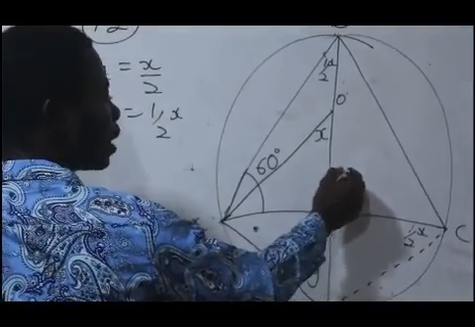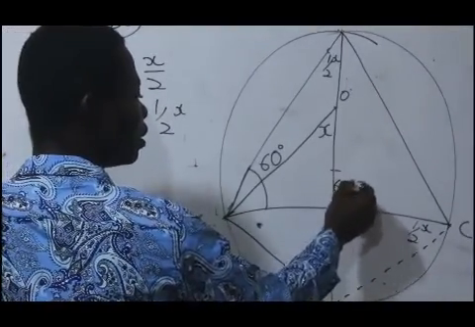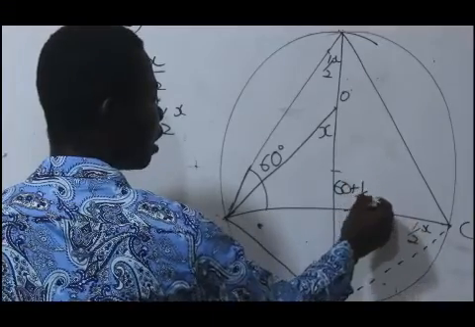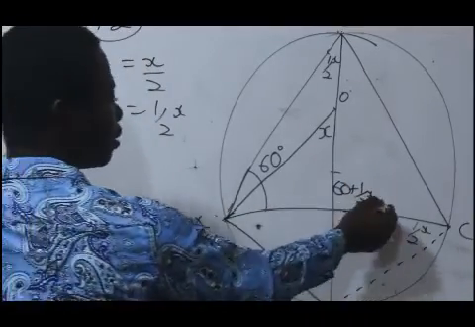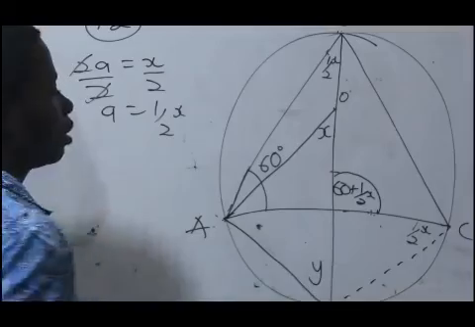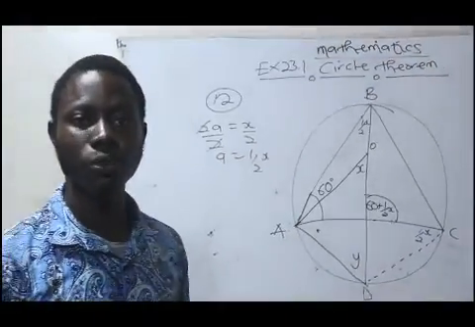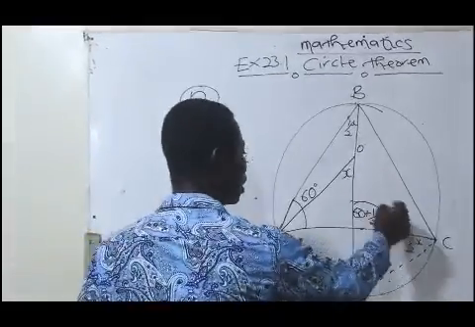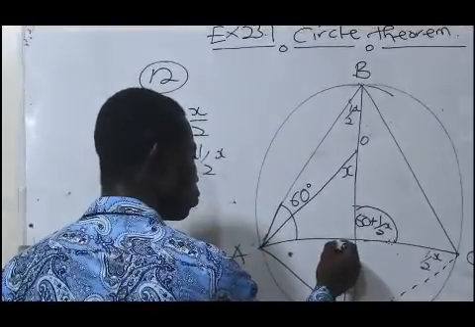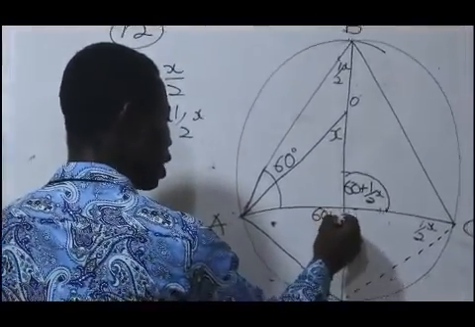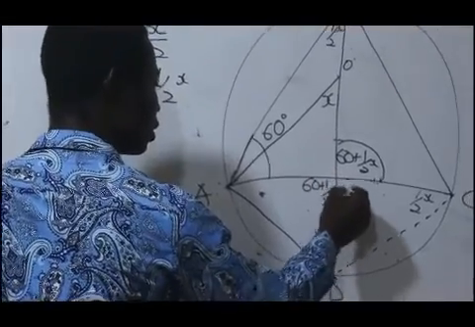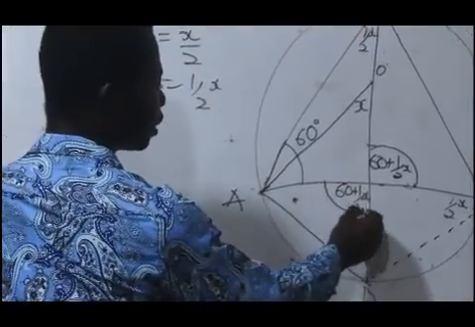So this part is going to be 60 plus half of X. We also know that vertically opposite angles are equal. So this angle will be equal to this angle, giving 60 plus half of X.